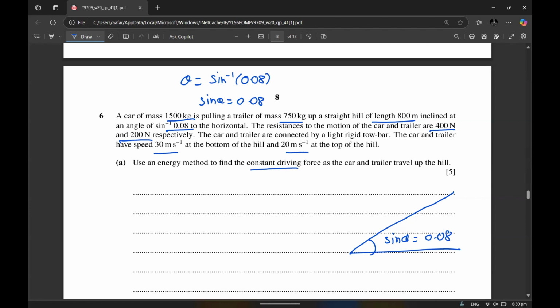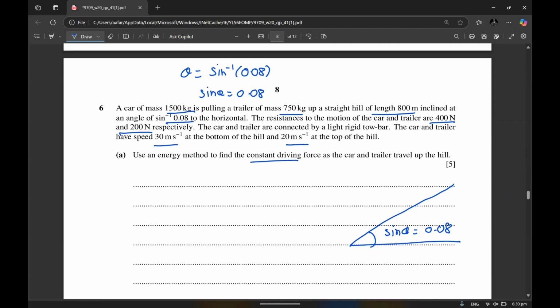Okay, so let's say this is the car, and this is the trailer.